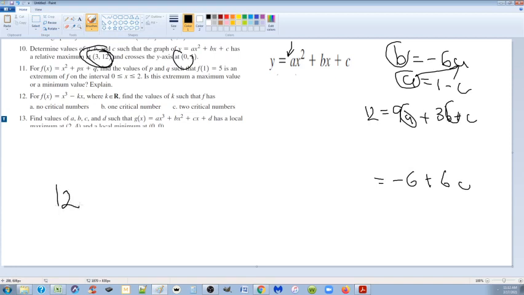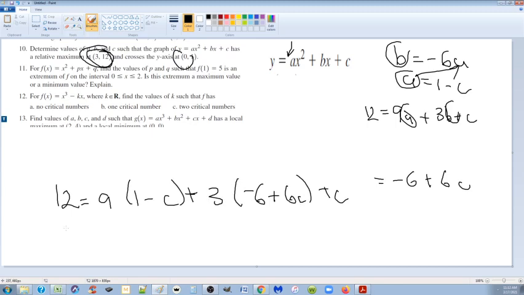So you get 12 is equal to 9 times 1 minus c for a, plus my new value of 3 times b, which is minus 6 plus 6c, plus c.